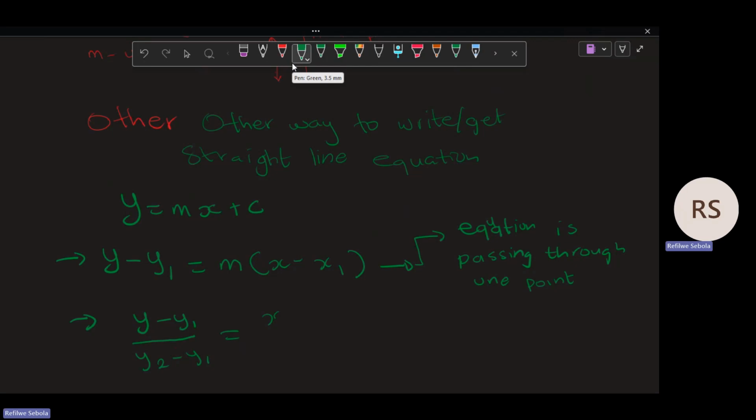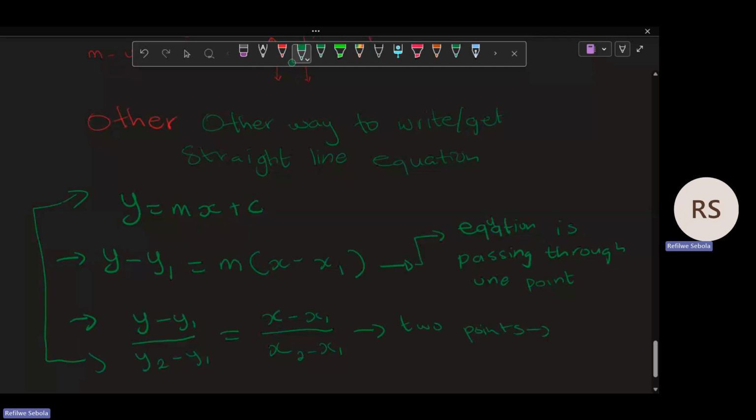Any approach you use, you definitely have to arrive at the same answer. Let us remind each other of things we have learned. We use this when we are told that it is passing through 2 points. When we have 2 points, we can use this equation. Any method you use here, you are definitely going to get the same answer.